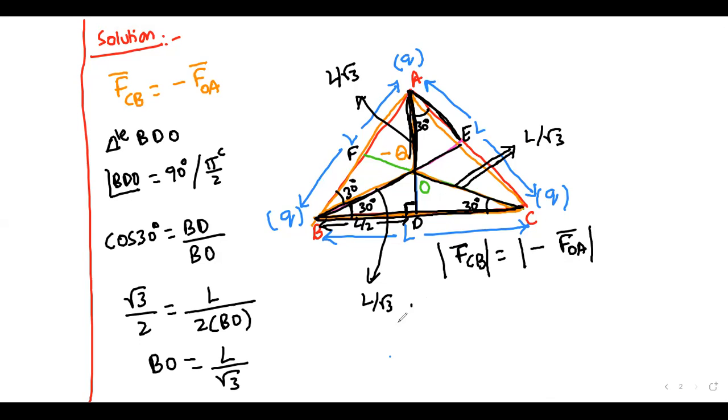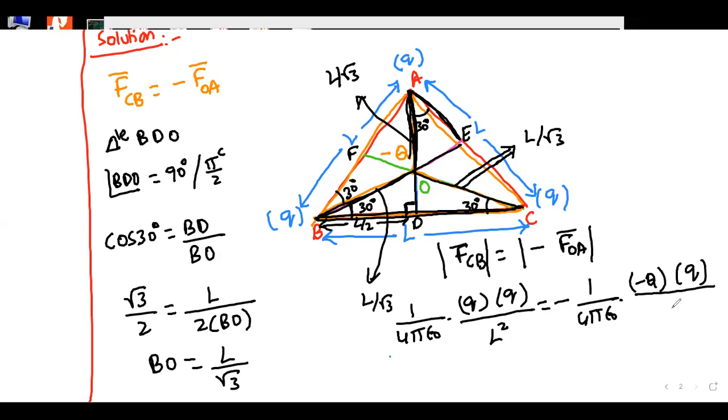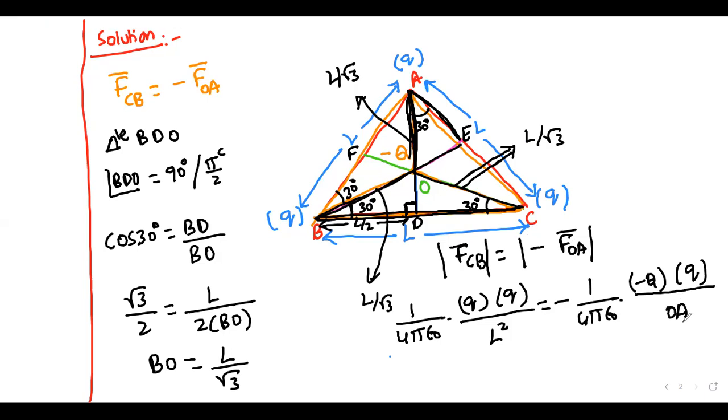So 1 by 4 pi epsilon naught, charge at C, that is Q, times charge at B, that is Q, by separation distance, that is L square, equals minus 1 by 4 pi epsilon naught times charge at O, minus capital Q, charge at A, plus small q, by separation distance OA square.